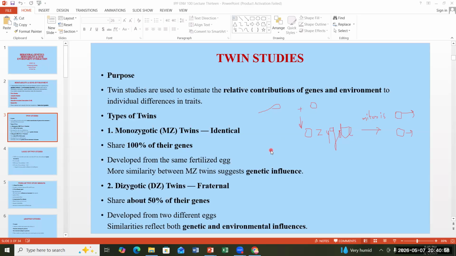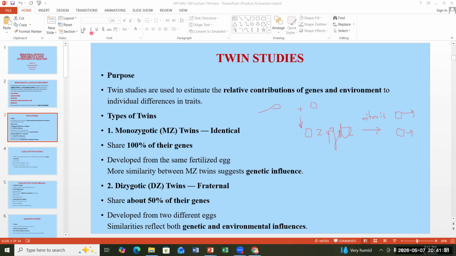So this type of twin study will verify how strongly environment affects the development of an individual. Why? Because both the twins had the same genetic makeup. Am I clear? Am I clear, Vita? Yes, miss.